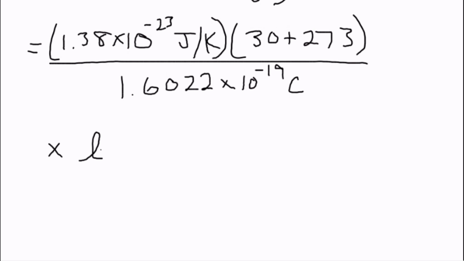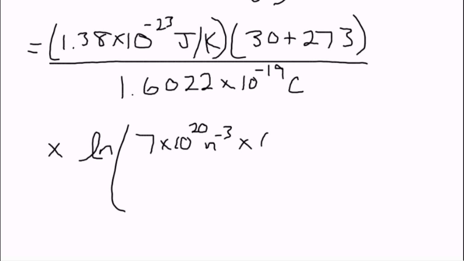So times the natural log of the doping concentrations, which are given as 7 times 10 to the 20th. You'll see here that it's given in the problem in atoms per meter cubed, and that's okay, we're going to go with that.